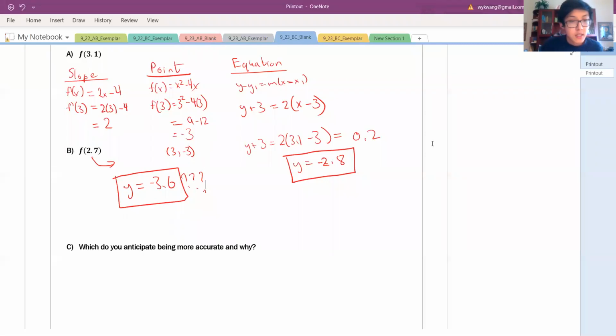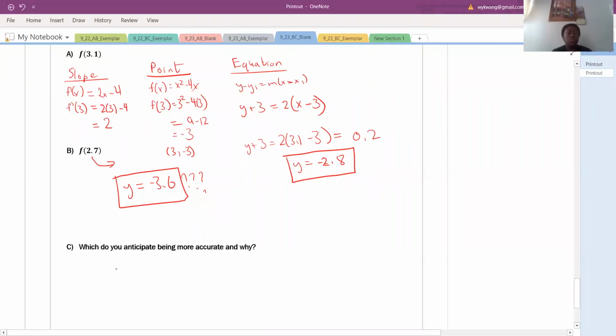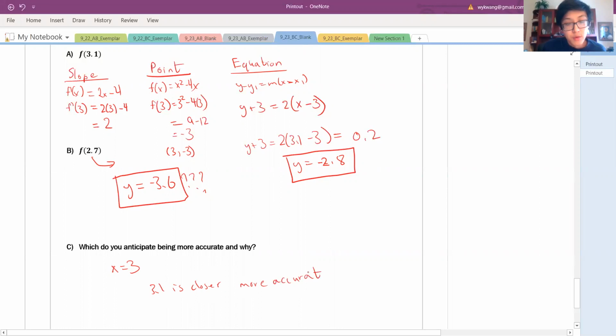Yep. So that is a key concept: we're in relation to x equals 3, right? So 3.1 is closer, so it's going to be more accurate compared to 2.7.